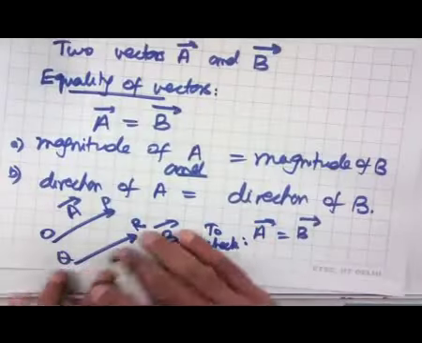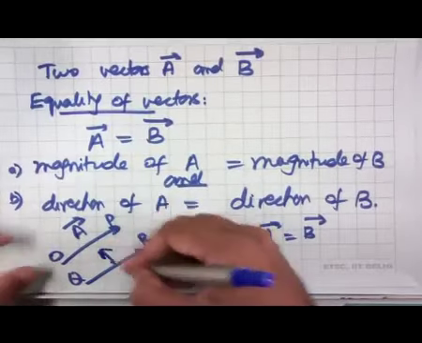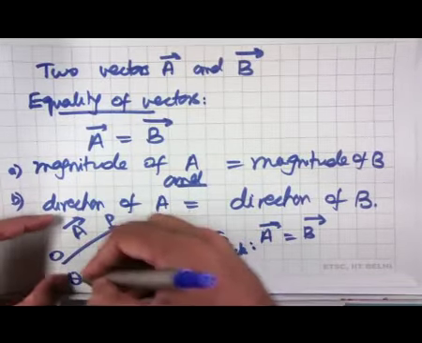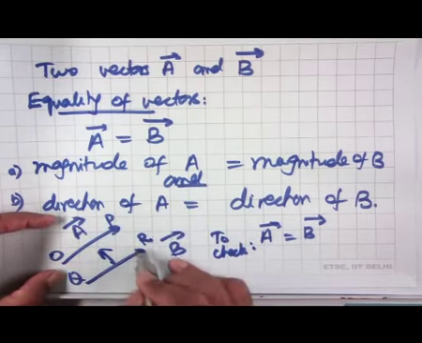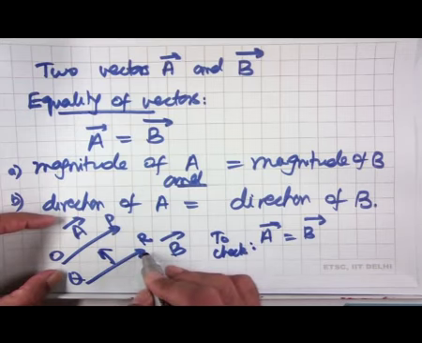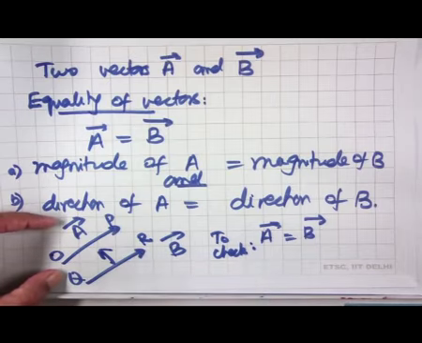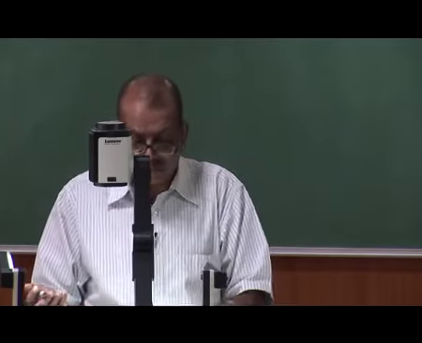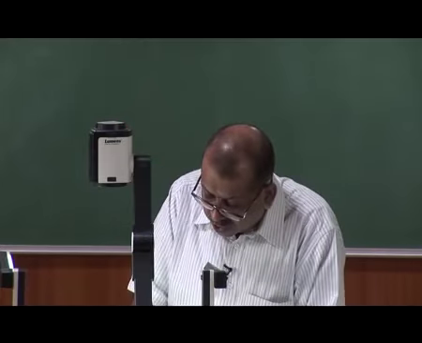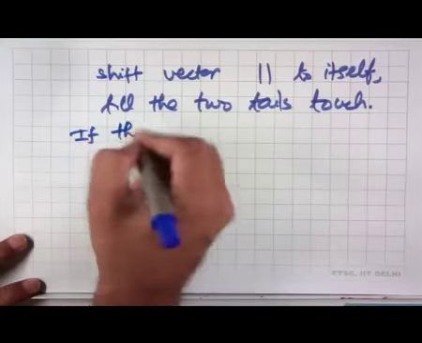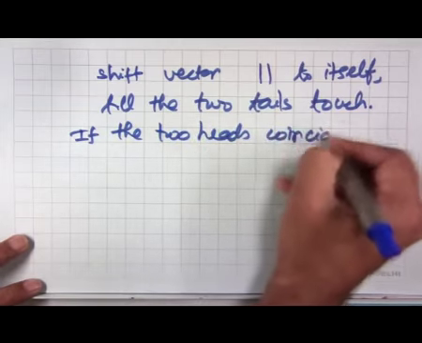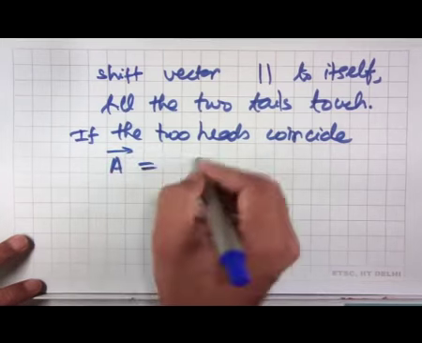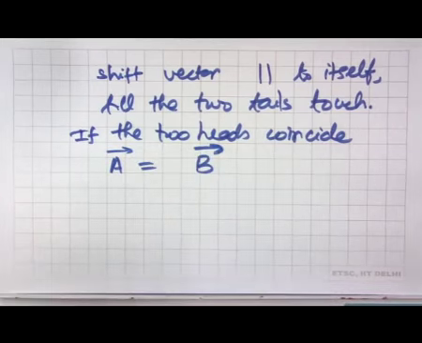So, we shift B towards A till O and Q coincide, and then we look at if P and R coincide. If points P and R coincide, then we say the two vectors are equal. If they do not coincide, then the vectors will not be equal. So, till the two tails touch, if the two heads coincide, then we say vector A is equal to vector B.